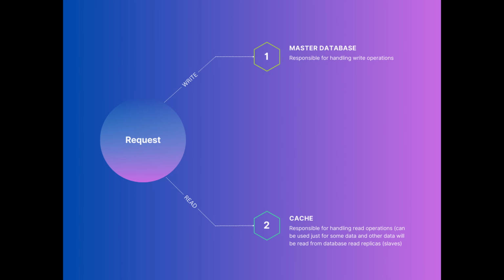You will have your write database to which the write requests will come. And when the write request comes, it is storing this data not only inside the database, but also in the cache. So the next user who would like to read the information, won't be hitting the database directly, but will just read the data from the cache.